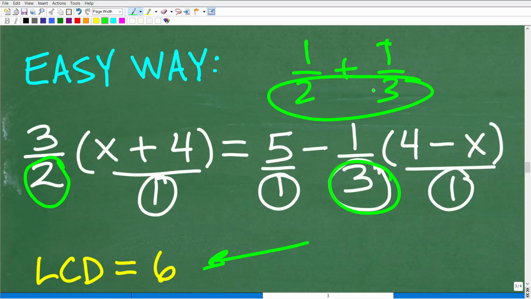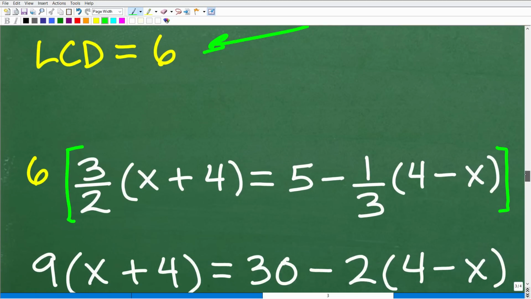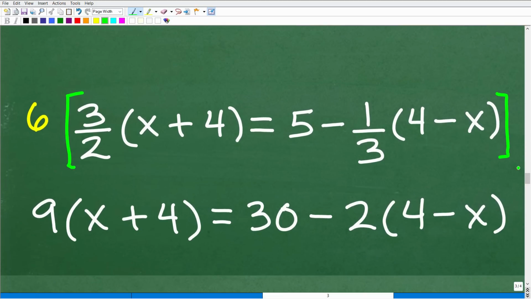Again, if you need help with fraction stuff, I've given you my suggested resources. Once you have the LCD, we're going to multiply it by the entire equation. Here is our LCD, and you're going to multiply both sides of the equation by the LCD, in other words, all the terms in the equation.